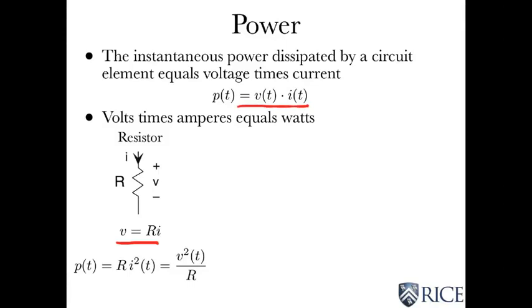And what you get is that the power is either Ri squared or V squared over R, whichever way you want to think about it in terms of voltage or the current. One thing to point out, squaring always gives a non-negative quantity. It cannot be negative. And that means resistors always dissipate power.